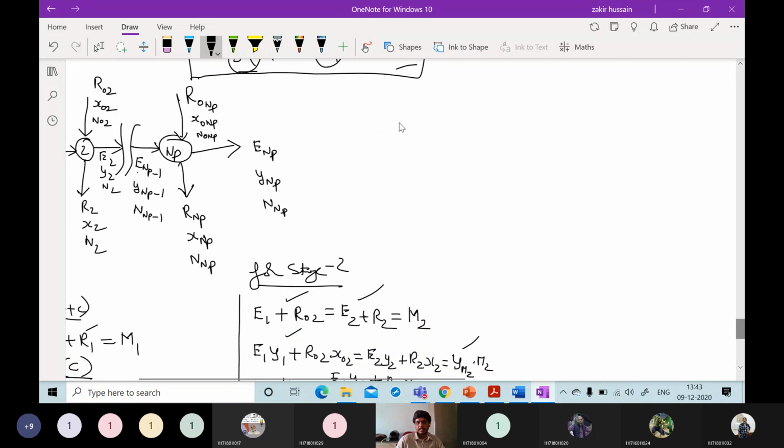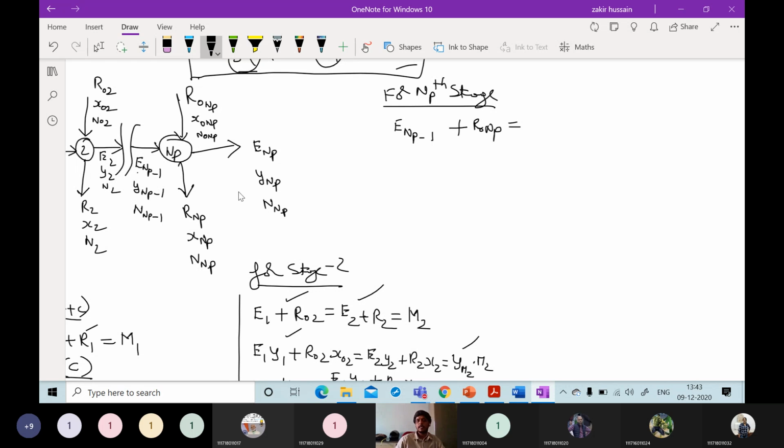So for the nth stage, I am writing. Input for this nth stage: one input is this one. For the overall balance, we are going to take only E_(NP-1) from the previous stage, plus this one is also one input. So this is R_naught NP.